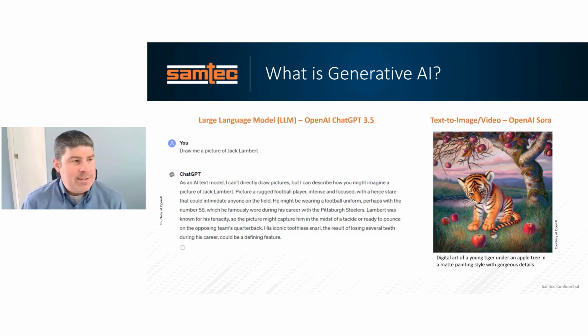So ChatGPT is smart enough to realize that was iconic, or has enough data in its model to recognize that, but it can't produce the image. However, if you look at a new tool that OpenAI has come up with called Sora, this is an actual example from the OpenAI website, where you come up with a description: digital art of a young tiger under an apple tree in a matte painting style with gorgeous details.